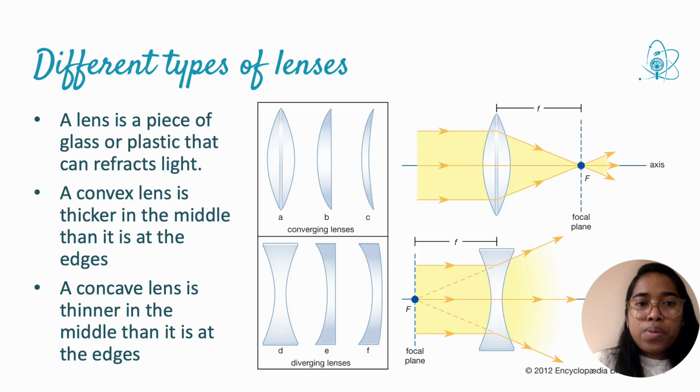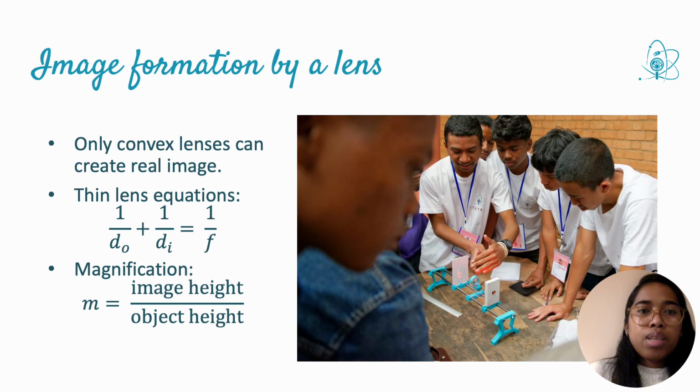Light which goes through a concave lens diverges as if it has come from a point which is at a virtual focal point, which is this position. So only convex lenses form real images.